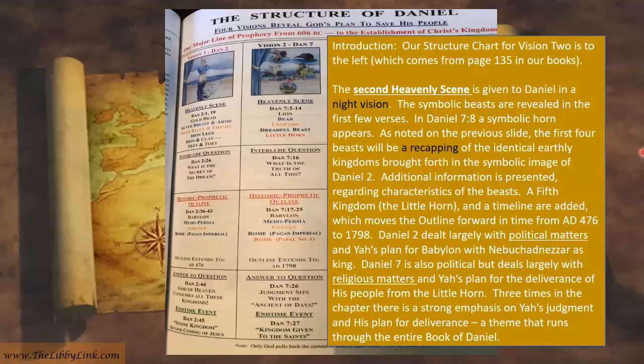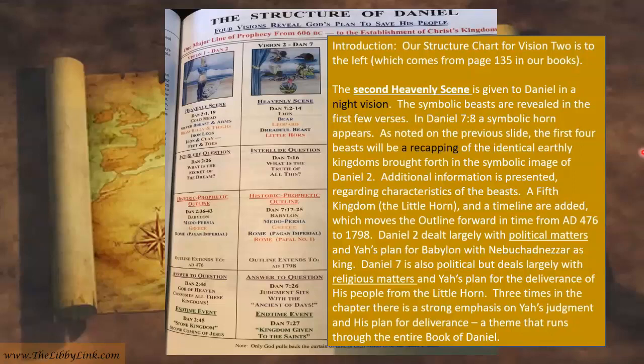Daniel 7 is also political, but deals largely with religious matters and Yah's plan for the deliverance of his people from the little horn. Three times in the chapter, there is a strong emphasis on Yah's judgment and his plan for deliverance, a theme that runs through the entire book of Daniel.